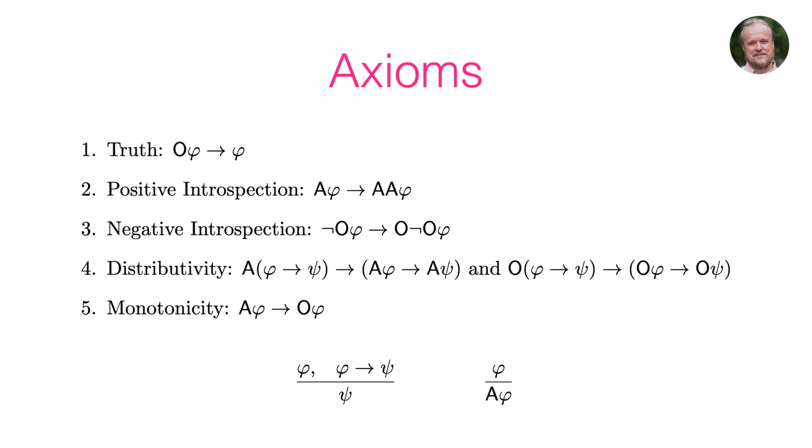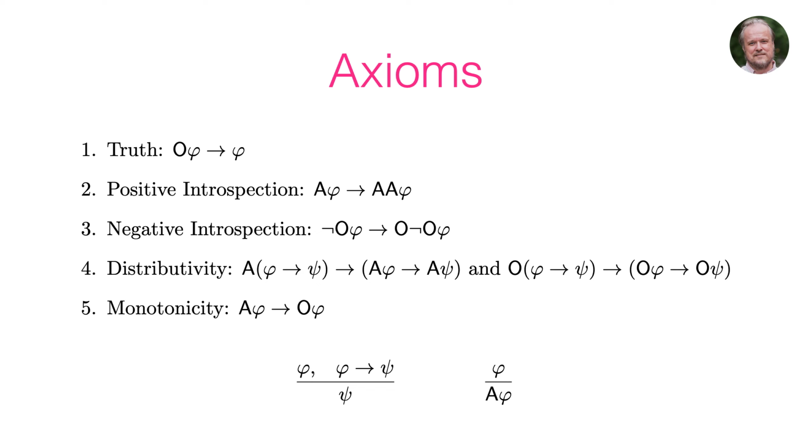Let me talk a little bit about the properties that we have in this logical system. Gia mentioned earlier mixed negative introspection. That property is actually provable from the 5 principles on the screen: truth axiom for omniscience, positive introspection for attainable knowledge, negative introspection for omniscience, 2 distributive axioms, and monotonicity.